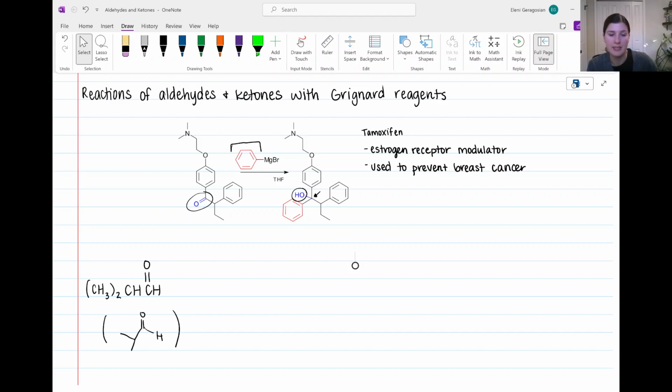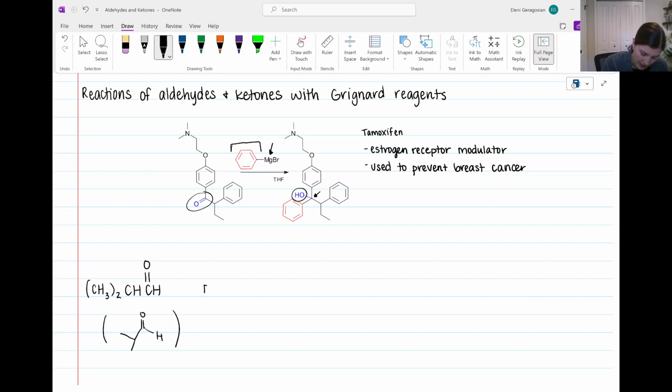When completing these types of reactions, we need an organometallic reagent. An organometallic reagent has a metal and an organic part. In this case, the magnesium is the metal for that example, and then that phenyl ring is the organic part.